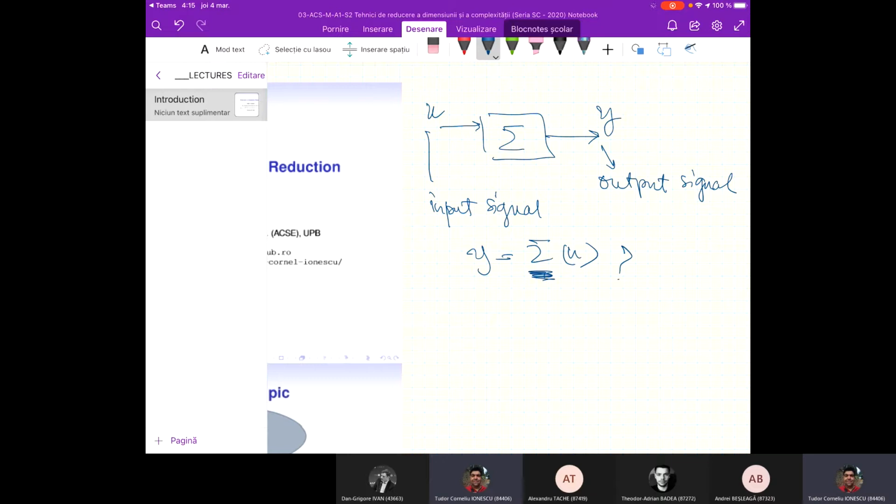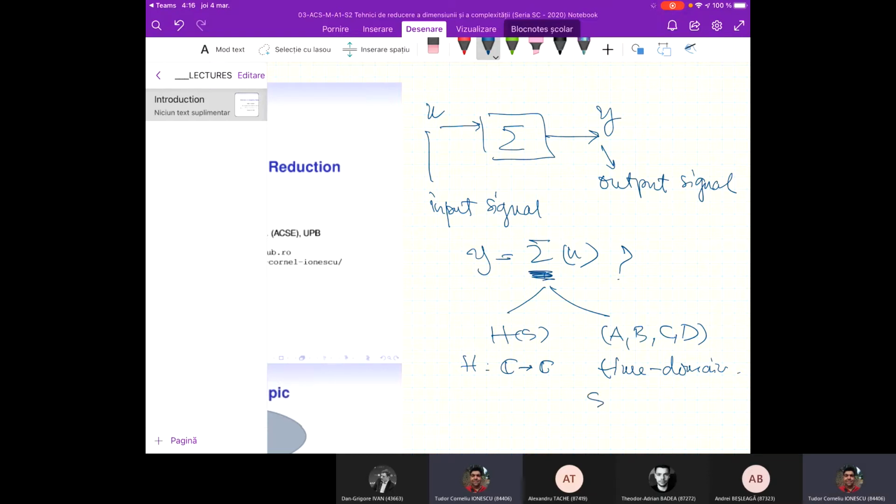People who have studied systems and control theory already know that this sigma can be a transfer function, okay, in the complex domain, so H is a complex function, or this guy can be a set of 4 matrices A, B, C, D. Yeah, this is in the time domain, a set of 4 matrices.